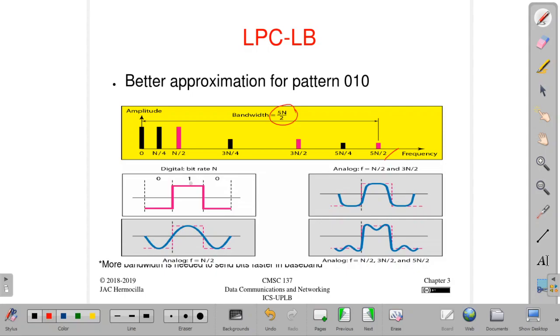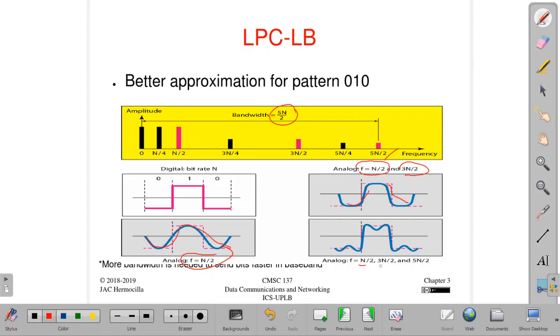Right? So for example here, f is n/2. This is just one frequency component, f equals n/2. So this is the plot. Although it looks like the digital signal, it's not that square. But if we use two frequency components, f equals n/2 and 3n/2, then we get this approximation.